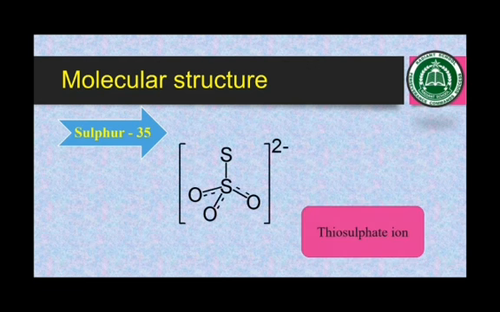Radioactive isotopes are also helpful to determine molecular structures. For this purpose, different techniques are used to track the passage of an isotope through a chemical reaction. Like sulfur 35 has been used in the structure determination of the thiosulfate ion.